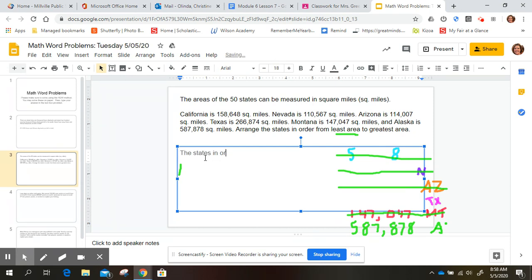The states in order from least to greatest area are Nevada. Let me erase that so you can see the words.